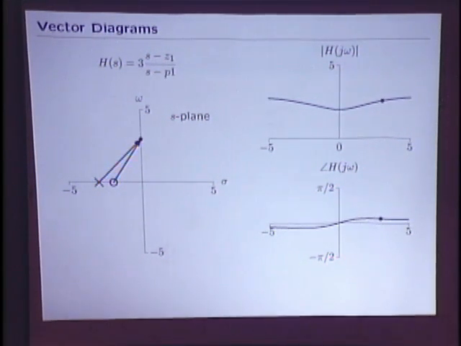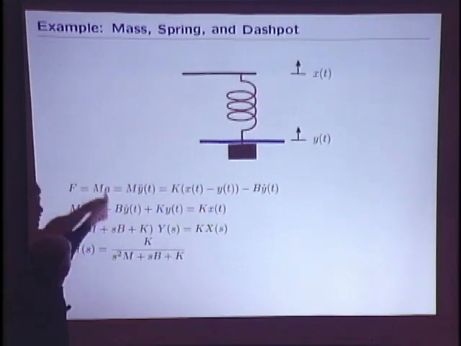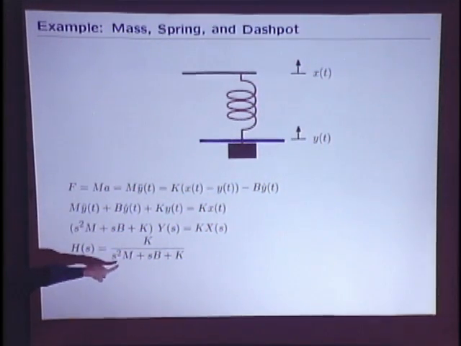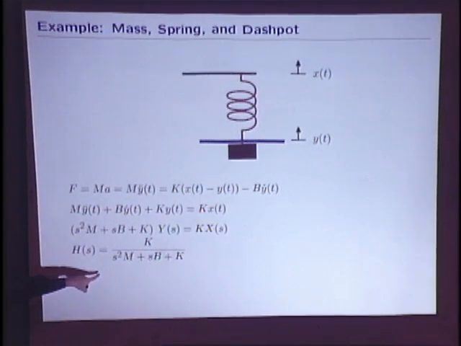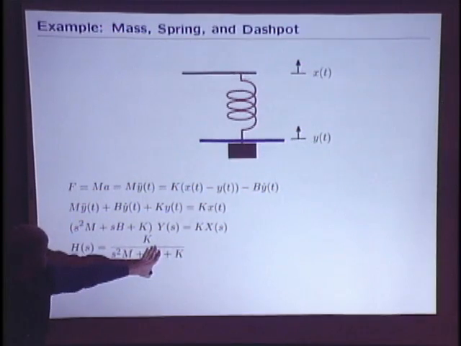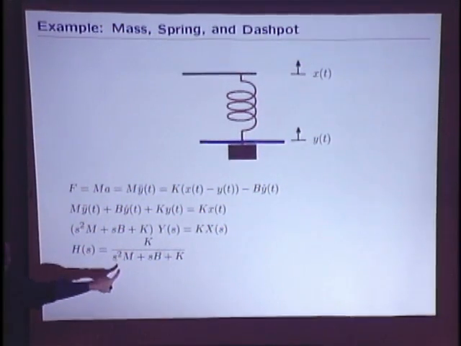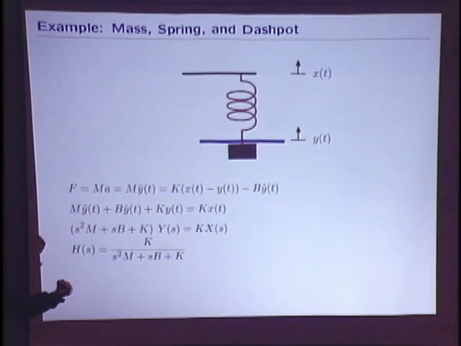Same sort of thing works if I think about the mass spring dashpot system. Now, if I just write the differential equation and figure out the system function, I get a simple form that looks like so, second order. If I imagine very low damping, you can see that the poles are going to have the form s squared m plus k must be 0.